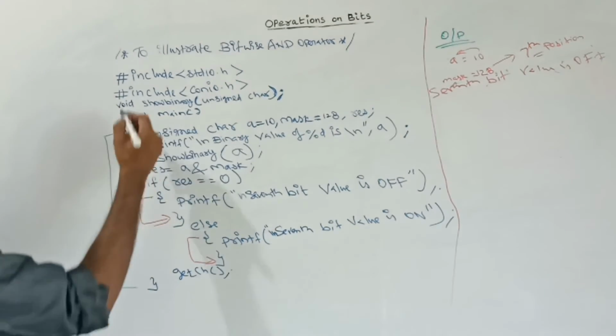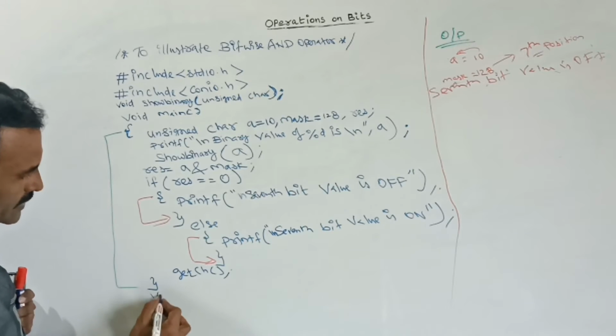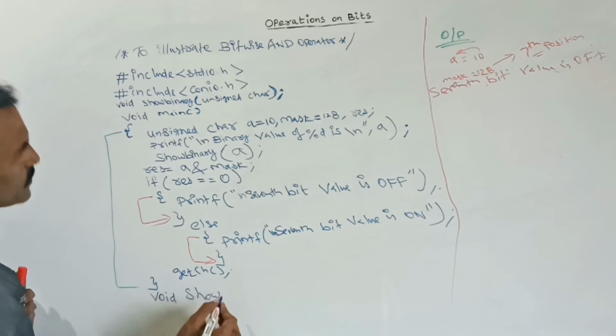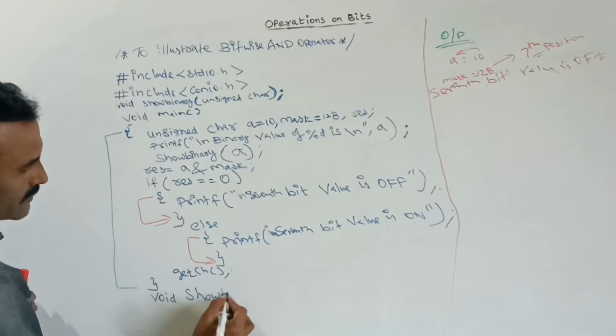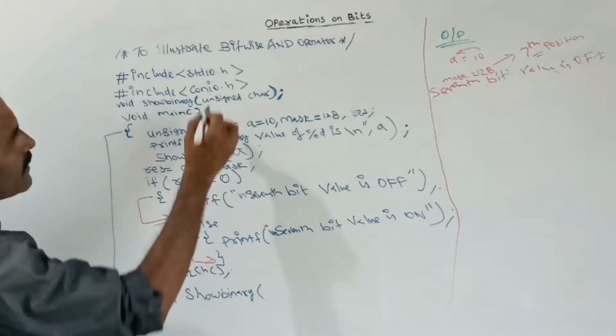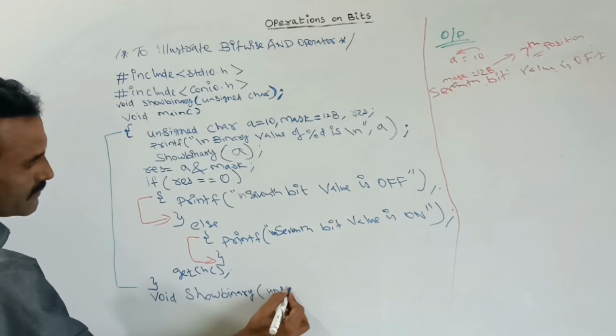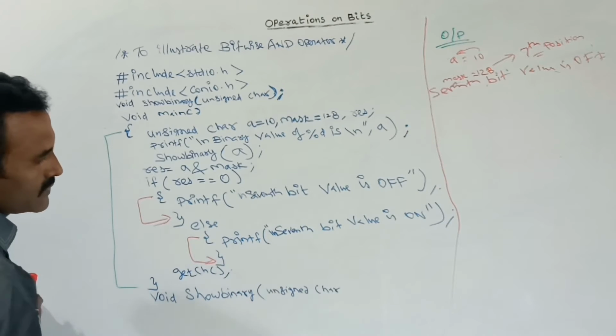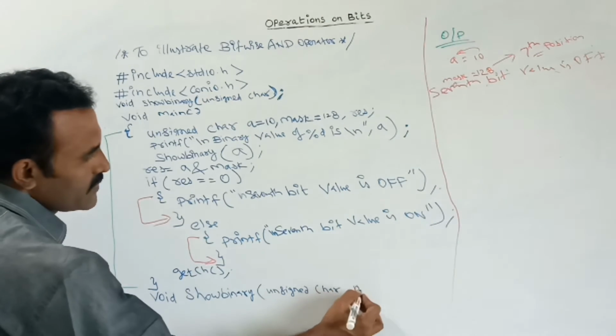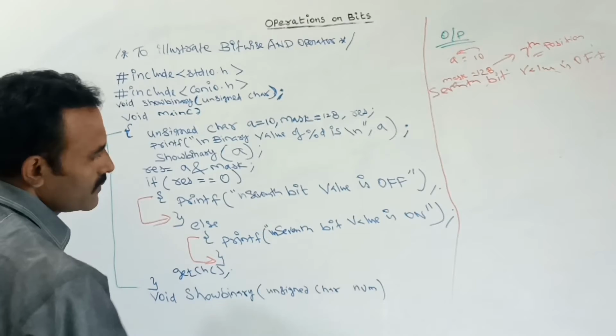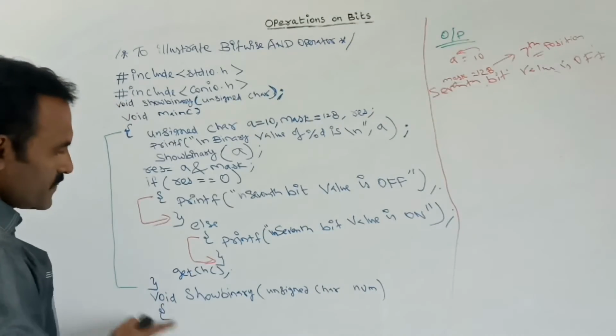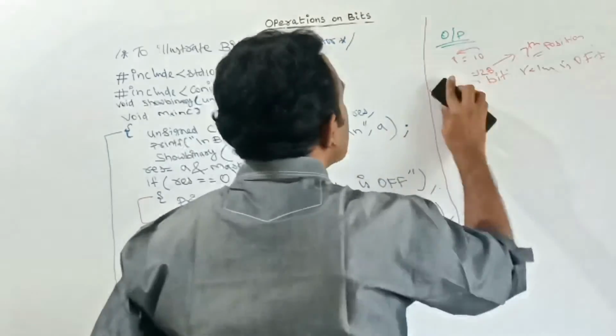Here I am writing the user defined function, that is void so binary, with unsigned character. Let us assume this one is num.